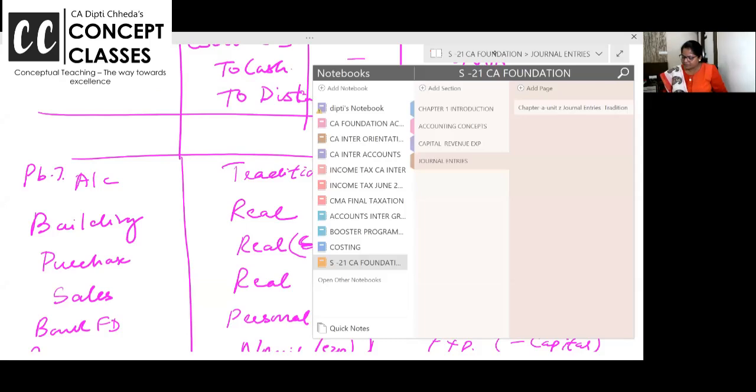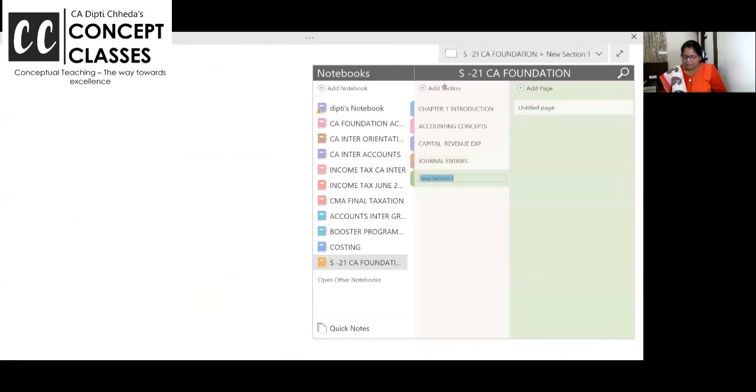Start on a new page in your notebook, and I'll give you the booster notes afterwards. Yeah, chalo. Write down the heading. Subsidiary books.